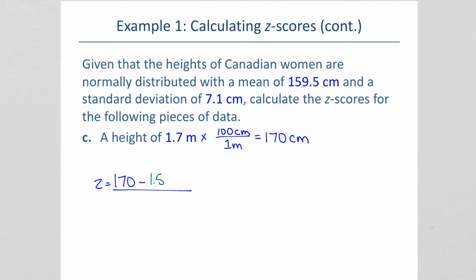Subtract the mean, divide by the standard deviation, and we get 1.48. This person's height is 1.48 standard deviations above the mean. So definitely taller than average.